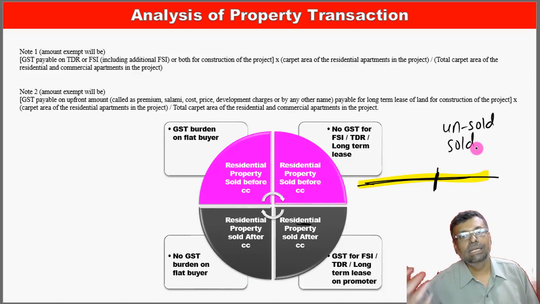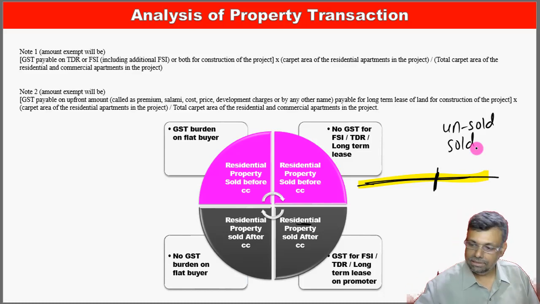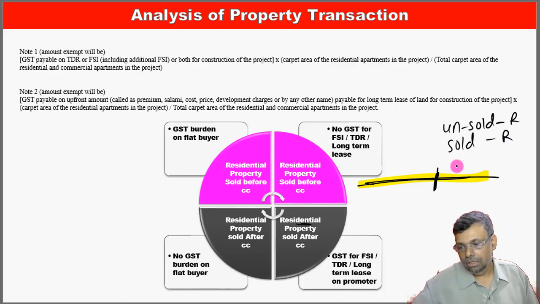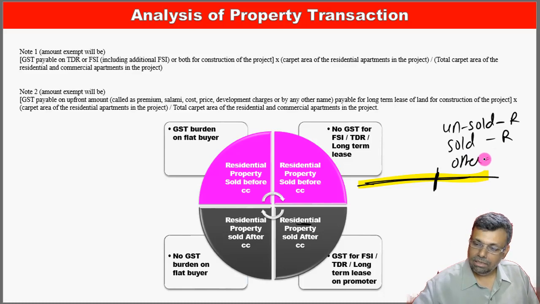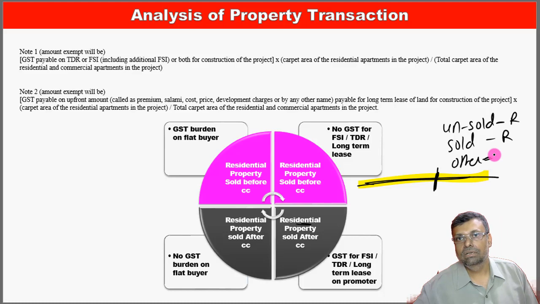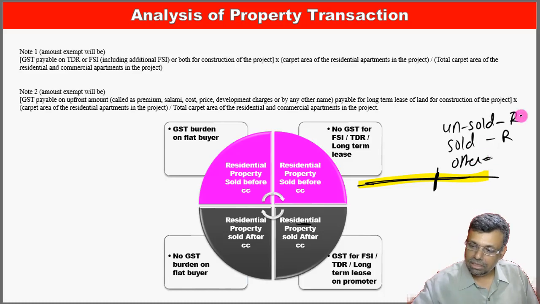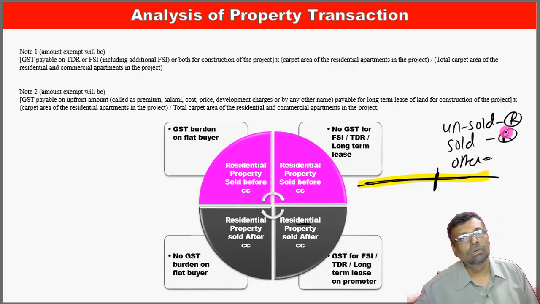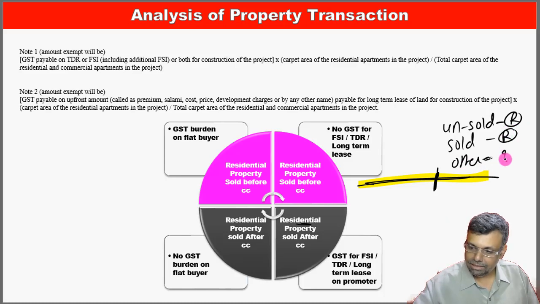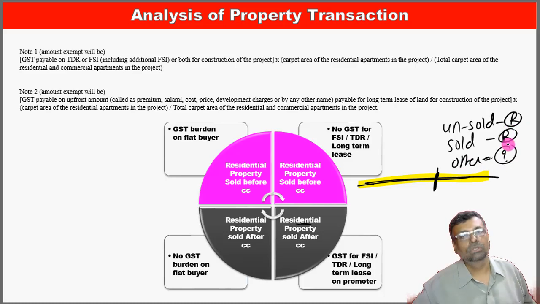These are basic data that you should know for the purpose of analysis: unsold residential, sold residential, and others. Others means, supposing there are any commercial units. Others is always taxable, so other than the residential, whether sold or unsold, the treatment will be the same. That is the data that you should find out.